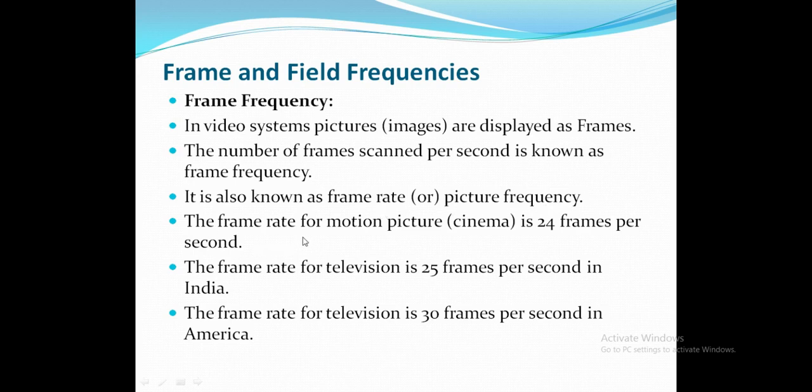The frame rate for a motion picture, that is in cinemas, is 24 frames per second. The frame rate for television is 25 frames per second in India and 30 frames per second in America.